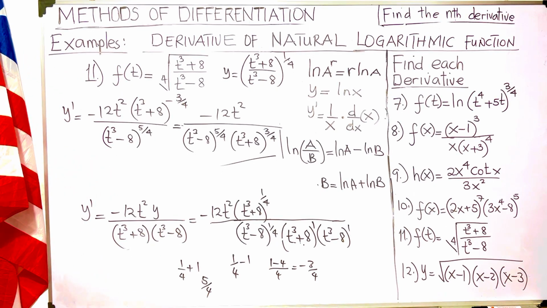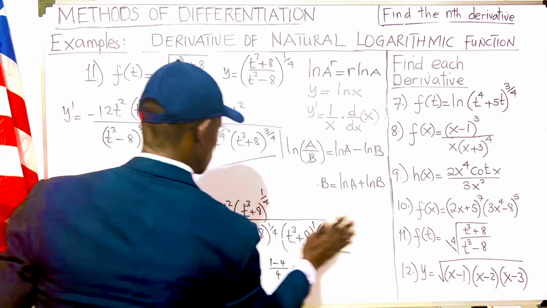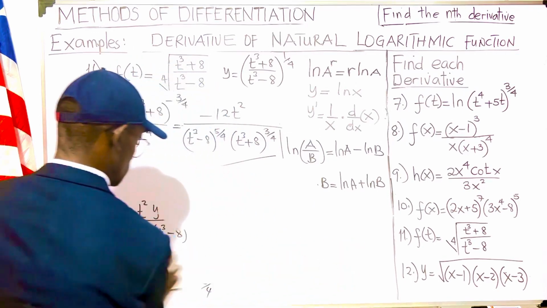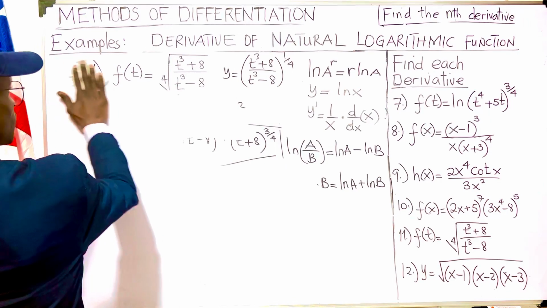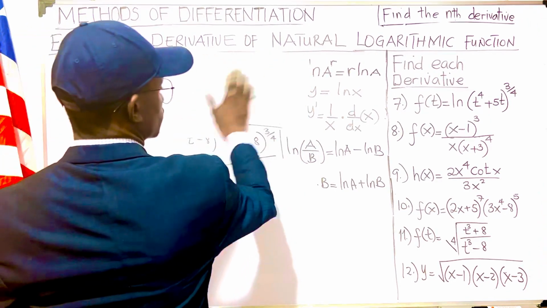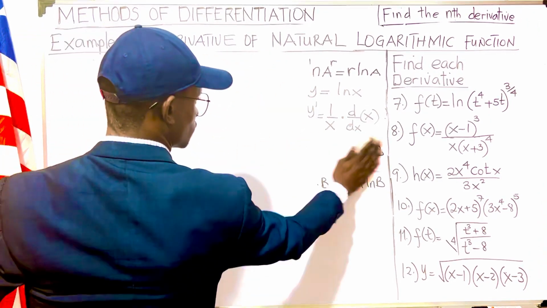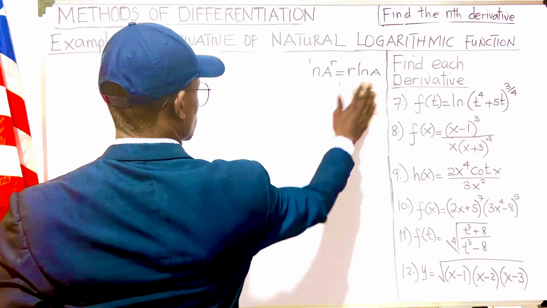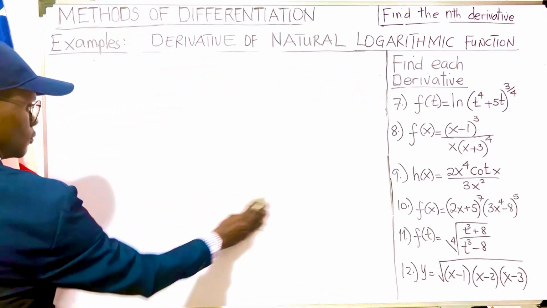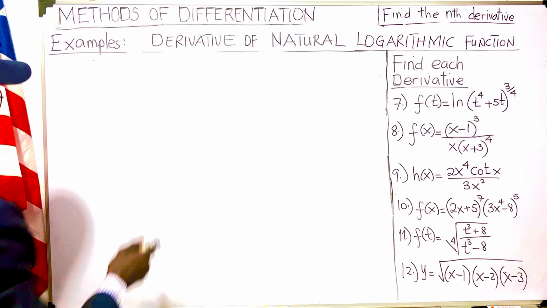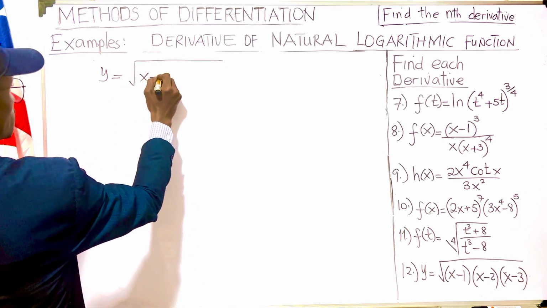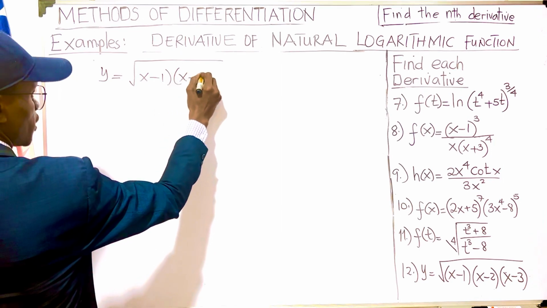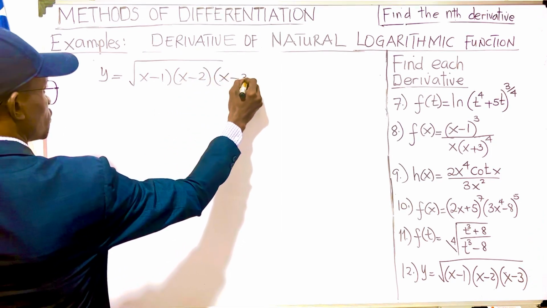So let's do the last problem quickly. The last problem says y equals the root of x minus 1, x minus 2, and x minus 3.